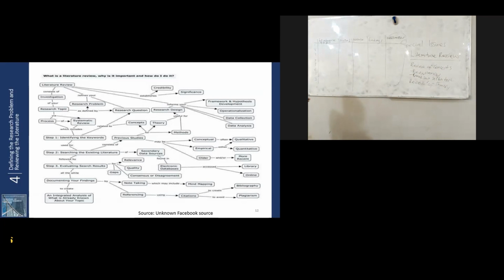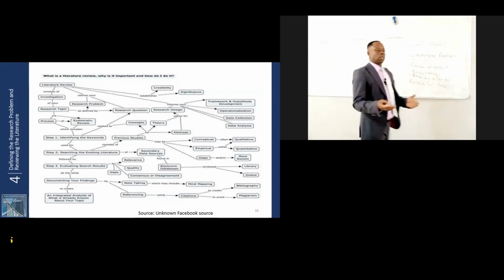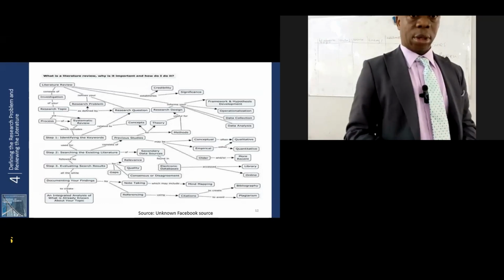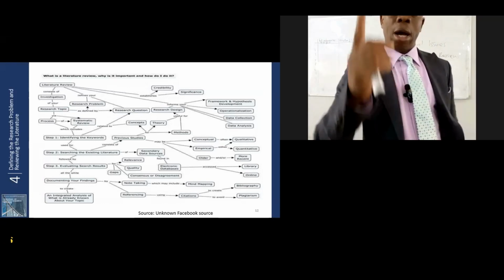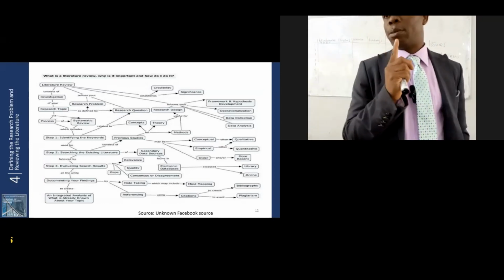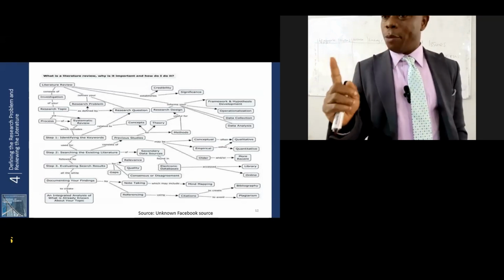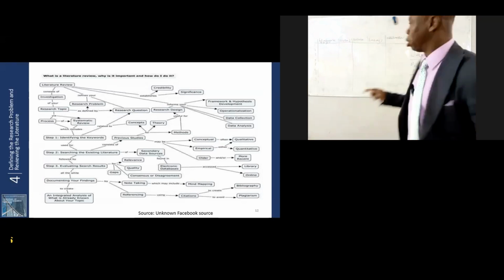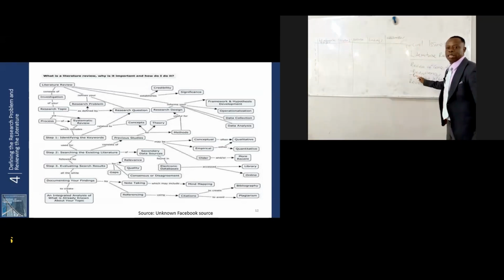Make sure that if 3 theories speak to your work, you can choose one of them. If you choose more than one, you must tell us that theory 1 explains only this aspect, and that's why I'm adding theory 2 to explain the other aspect that theory 1 is not explaining.